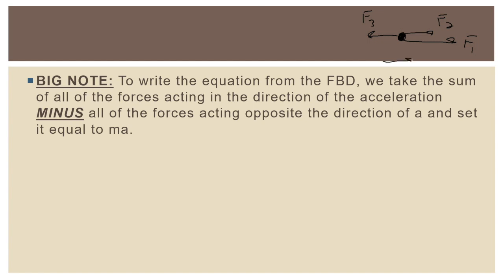And so we can draw a little arrow off to the side showing that it would accelerate to the right. We take the sum of the forces acting in the direction of the acceleration, so that would be F1 plus F2, then minus all the forces acting opposite the direction of the acceleration, that would be F3, and then we set it equal to ma. That's the idea. That's how you write an equation from a free body diagram.